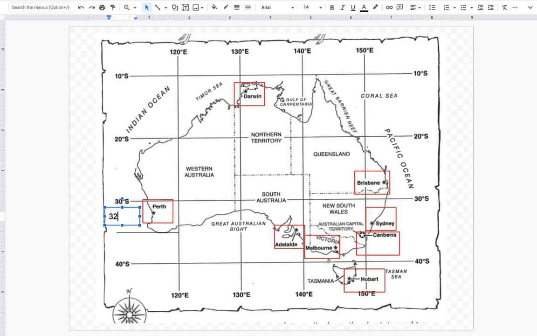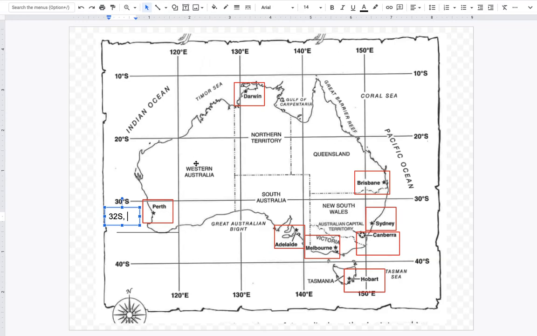So 32 degrees south, and I don't know how to put that little degree symbol on there. If you guys can figure that out, let me know. But I would say it's 32 degrees south, comma. Now, Australia is completely in the eastern hemisphere, so you're going to notice all the lines of longitude will have an E after them. That stands for east.